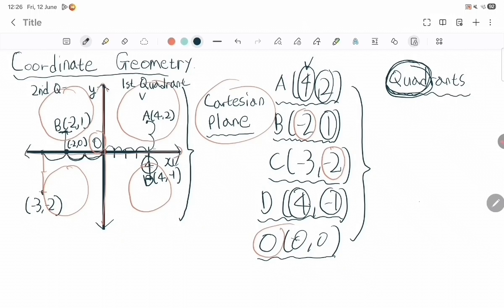So they go anti-clockwise, starting from the top right: 1, 2, and here the third quadrant, and the fourth quadrant.